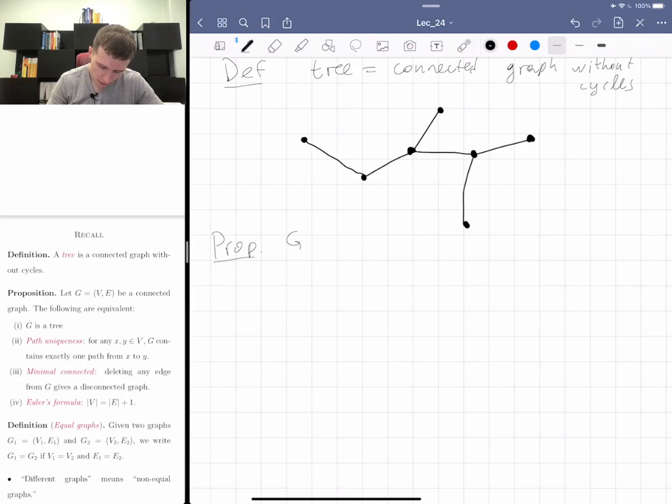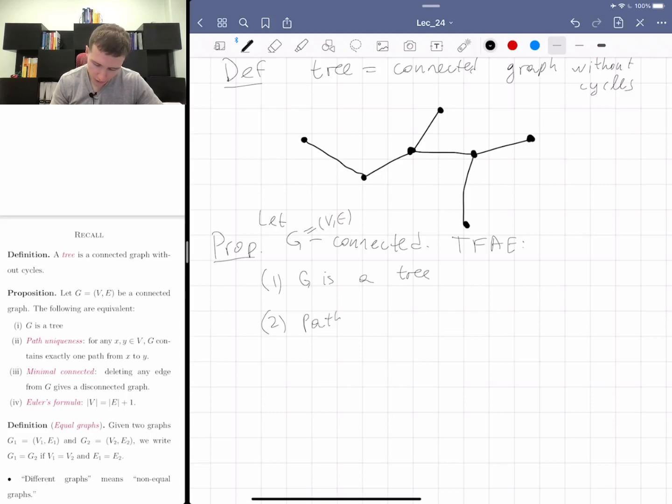So let's say G is a pair V comma E, and let G be connected. Then the following conditions are equivalent. The first one is that G is a tree. And there are a few more.